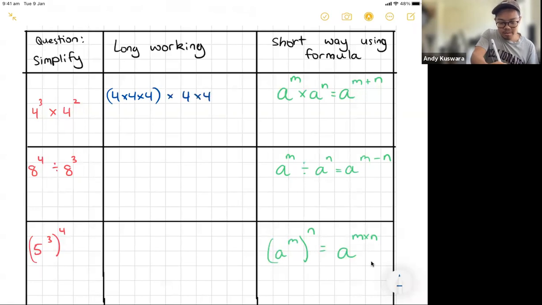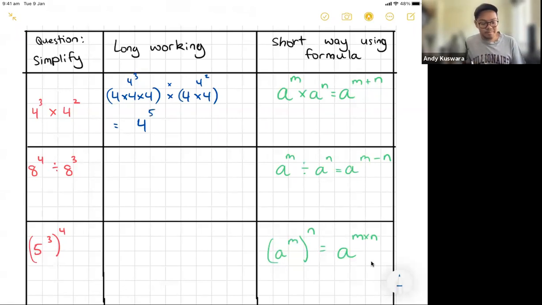If I've got 4 times 4 times 4, that's 4 to the 3, times 4 times 4, so many times. Then technically I have 4 to the power of what? How many 4s are there? 4 times 4 times 4 times 4 times 4. There's actually 5. So it's 4 to the power of 5.